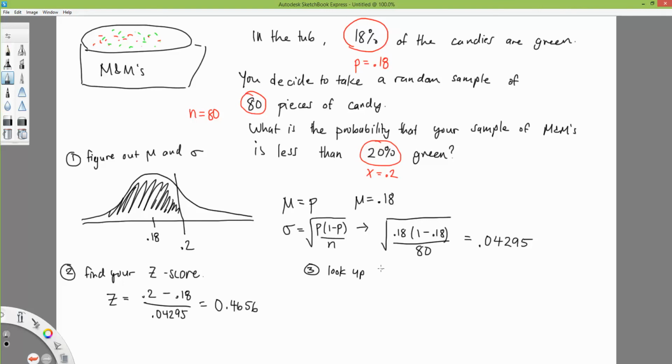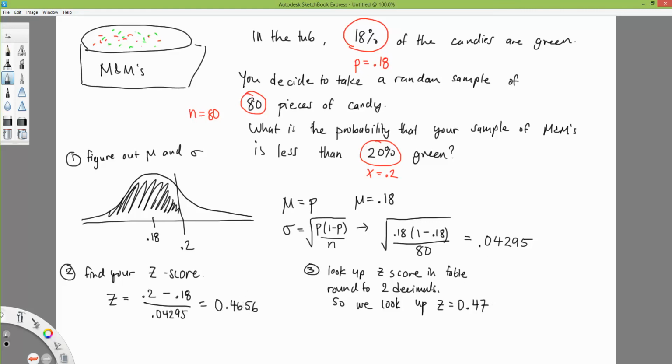Look up z-score in the table. Now, when I look up the z-score in the table, what am I going to look up? 0.47, right? I have to round to 2 decimal places. So we look up z equal to 0.47. A lot of you guys made mistakes here.